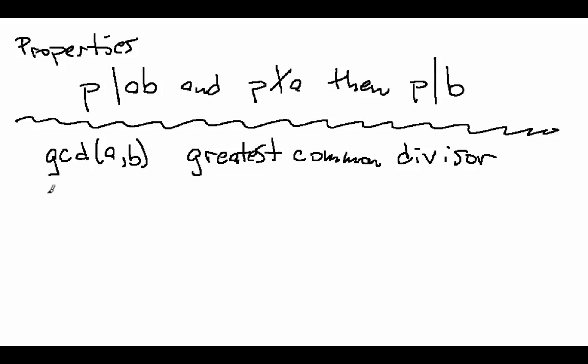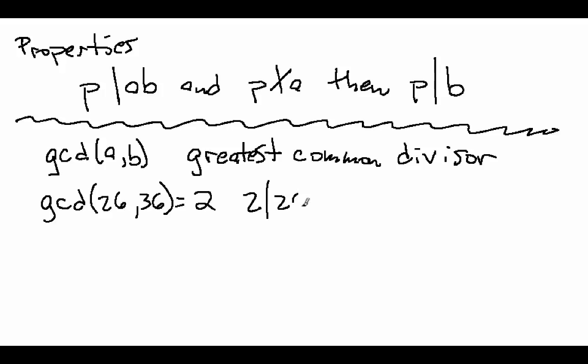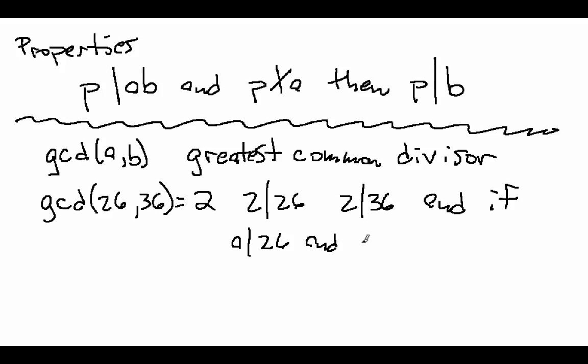Okay, so for example, and I think you've all seen this, the GCD of 26 and 36 is equal to 2, because 2 divides 26, 2 divides 36, and if A divides 26 and A divides 36, then A is less than or equal to 2.